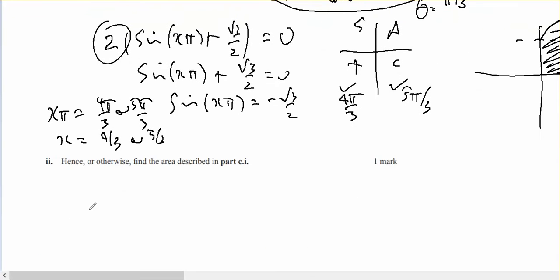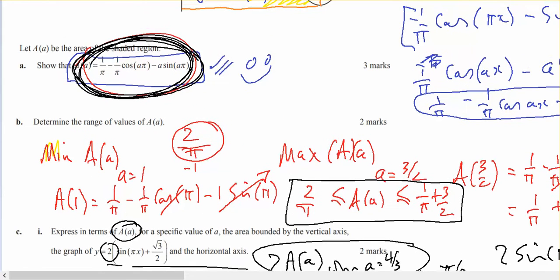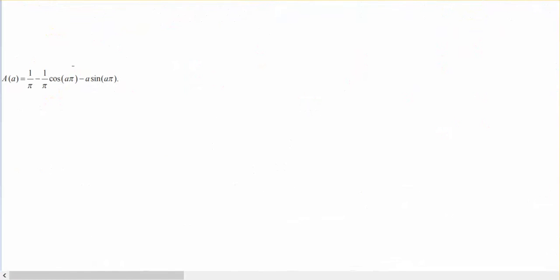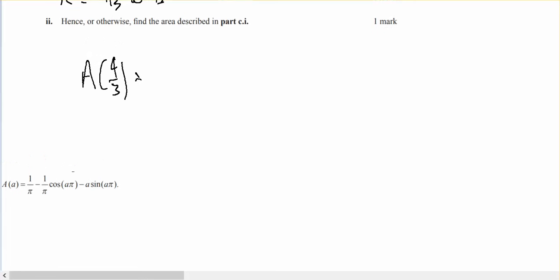So the area when a equals 4/3 is going to be this.